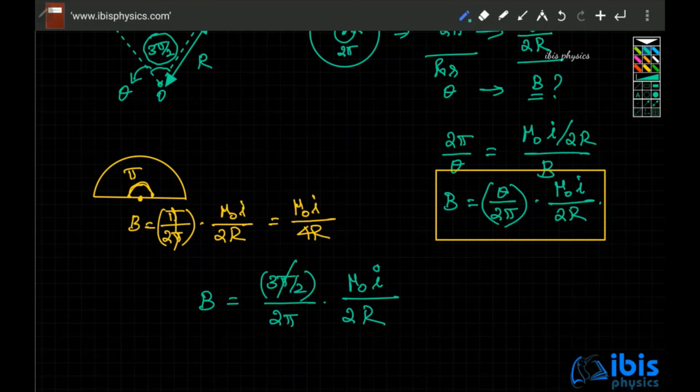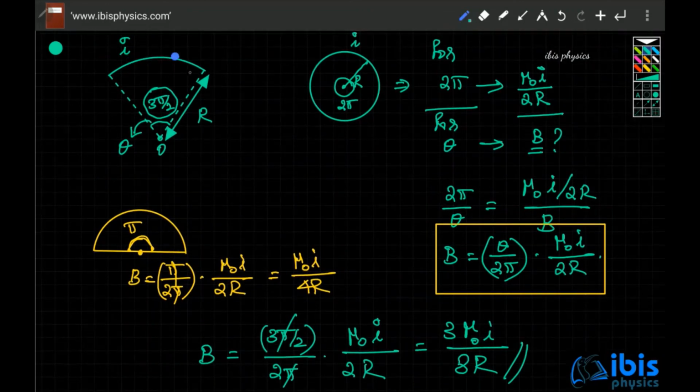So this pi and pi will be cancelled. 3 by 2 divided by 2, which is 3 by 4. 3 by 4 into mu naught I by 2r will be equal to 3 mu naught I divided by 8r. So this is the magnetic field at the center of an arc carrying current I subtending an angle theta which is equal to 3 pi by 2 radians.